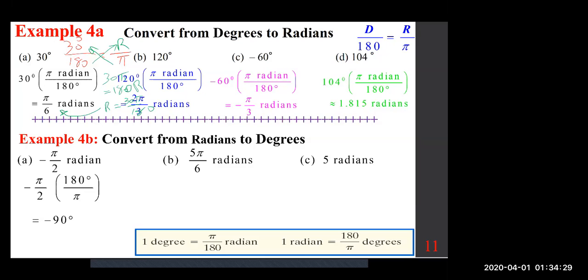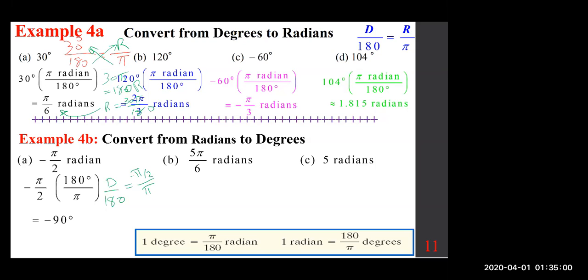Let me just show you how you would get the D over 180, if you were to do the math in this manner. R, which is negative pi over 2 over pi. The pi's cancel each other, and you can figure out what you end up with, okay? And so that shouldn't be a big deal at all. So you end up with negative 90 degrees.